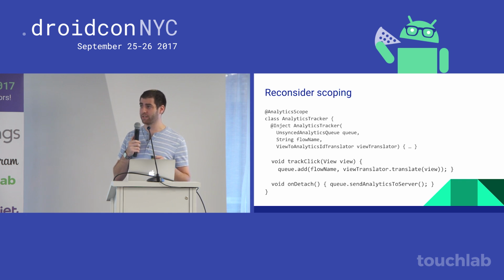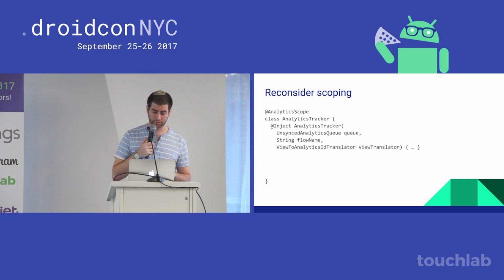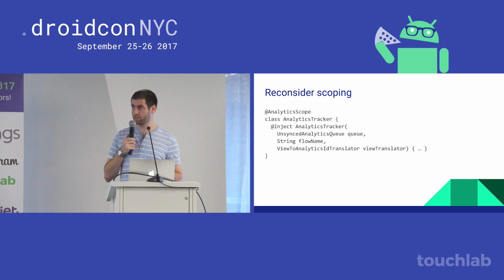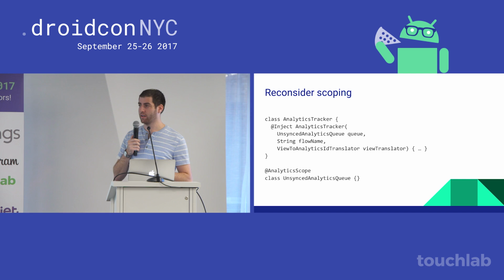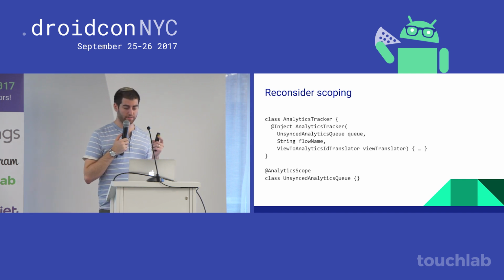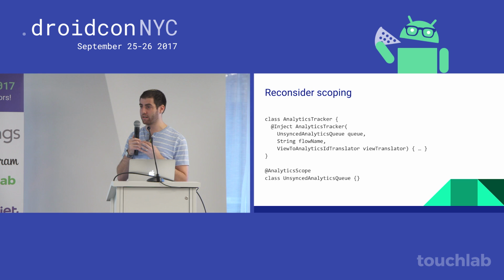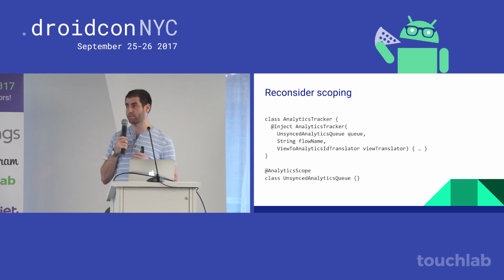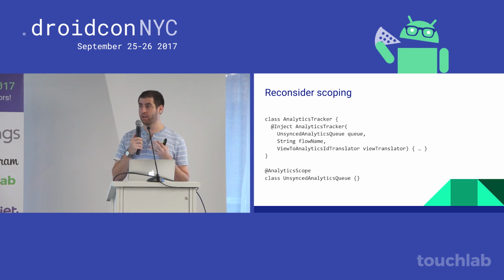So what if instead we scoped just the unsynced analytics queue? So we'll have some nice animations. Slide that down. And now notice that we just have here the provider is being created for the unsynced analytics queue and all of its transitive dependencies. Anything for the flow name and the ID translator are now out of your initialization.